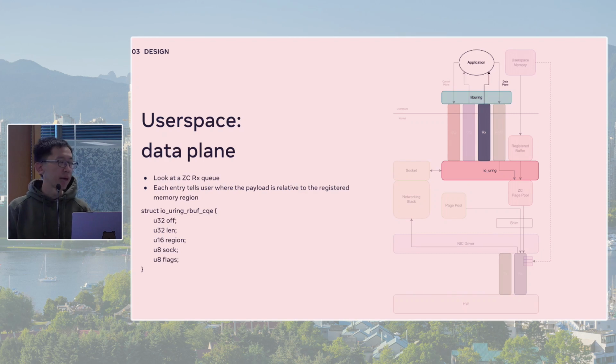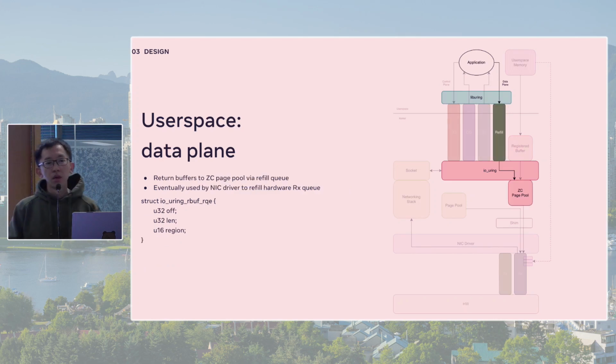So now with control back in user space, it's going to look at the completion queue entry, and that tells the application, okay, I need to now go look inside of this zero copy RxQ, and I'm going to read each entry. And each entry says, your packet data has this offset, has this length, inside of this region. So the application can then go and find its data there.